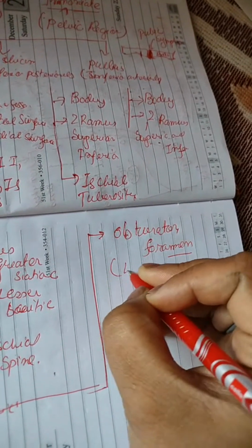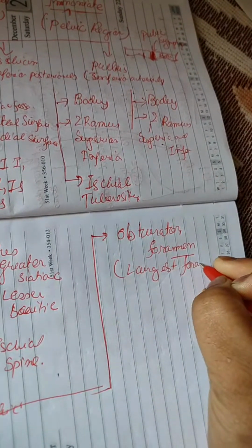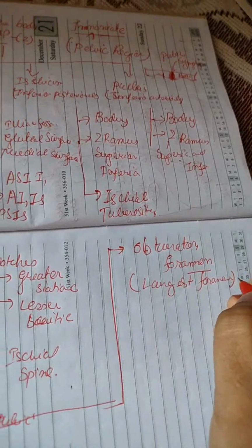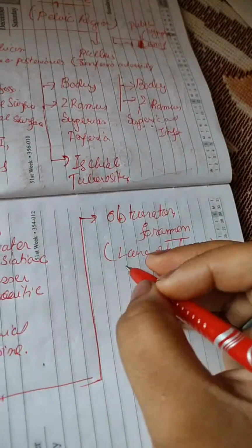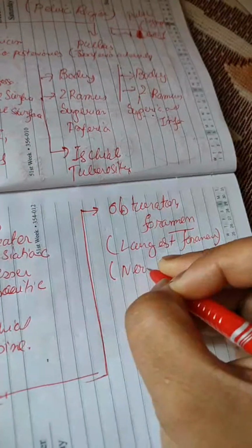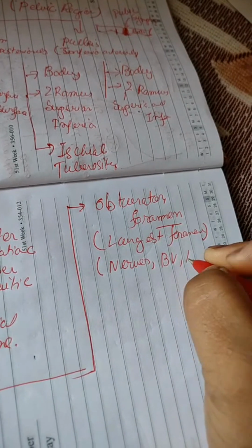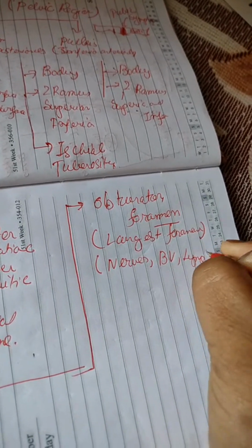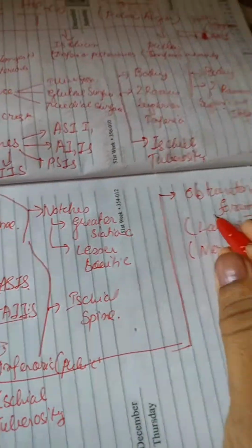This is the largest foramen of the human body. What structures pass through here? Nerves, blood vessels, lymphoid tissues, all these structures pass through this area. Artery, vein, very important area.